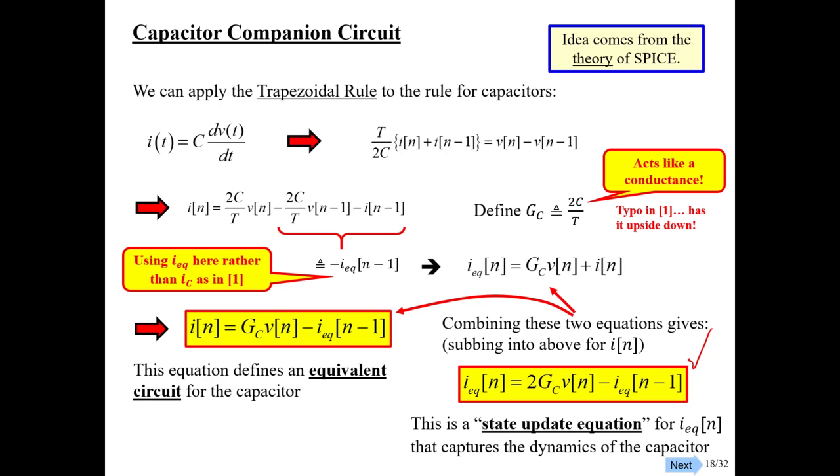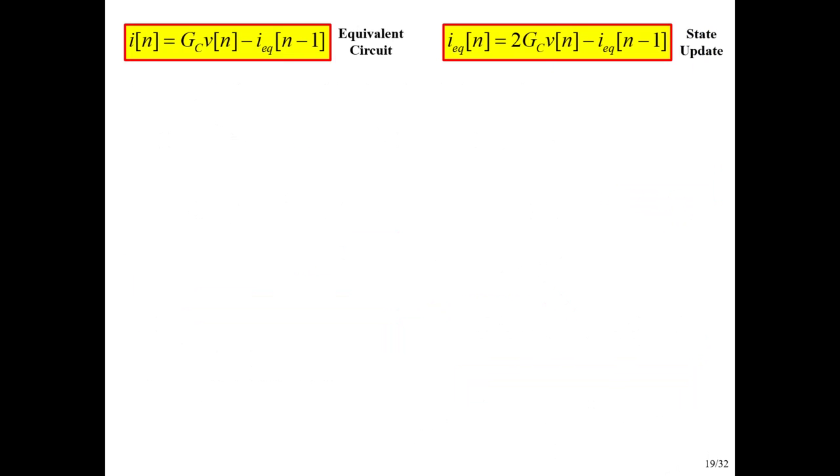And that's kind of cool. So here's what we have. I've just rewritten these two things. I'm claiming that this equation is like a KCL, right? That's a current because it's a voltage times a conductance. So I can look at that in a KCL view and write what the circuit should be corresponding to that. And then this just tells me how to keep track of this thing that's contributing to that circuit.